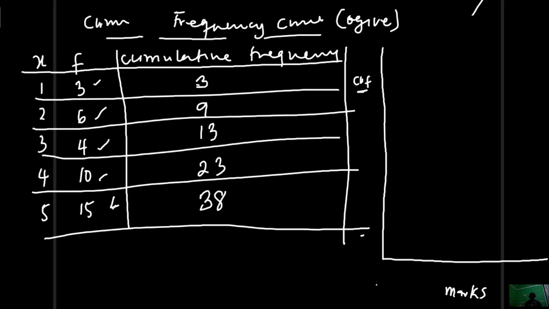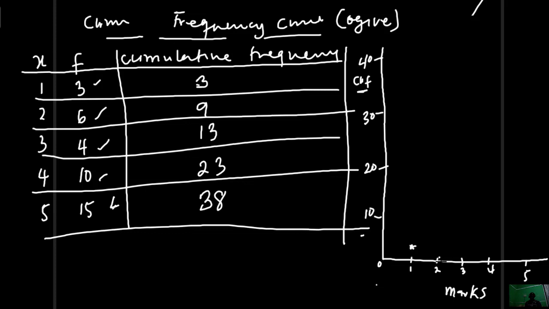Let's say cumulative frequency starts from 3, so you can go in tens: 10, 20, 30, let's say 40. Then our max is 1 to 5: 1, 2, 3, 4, 5.